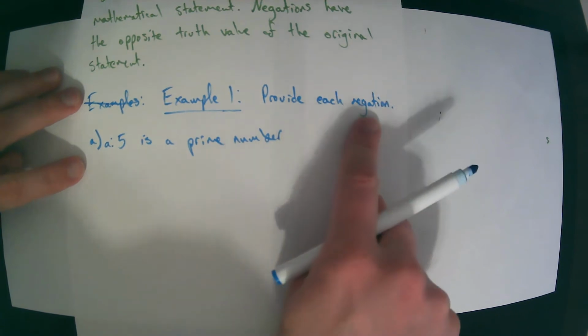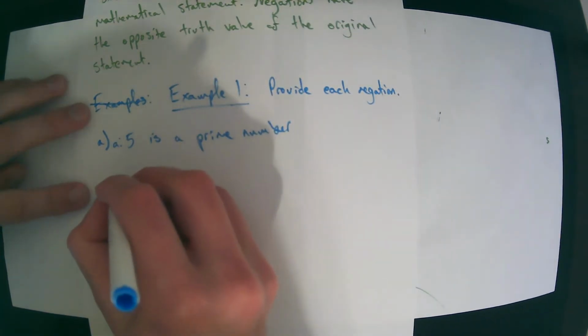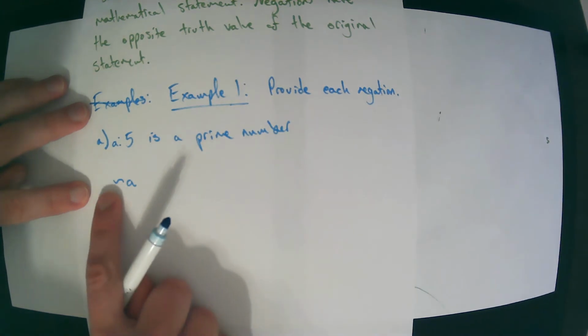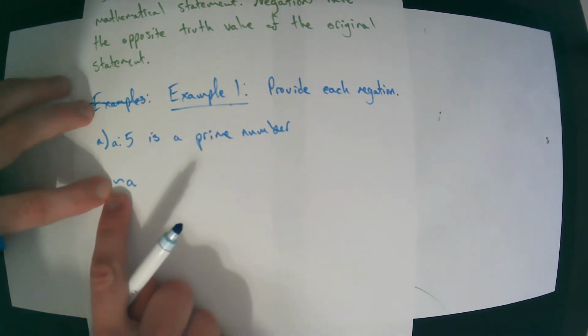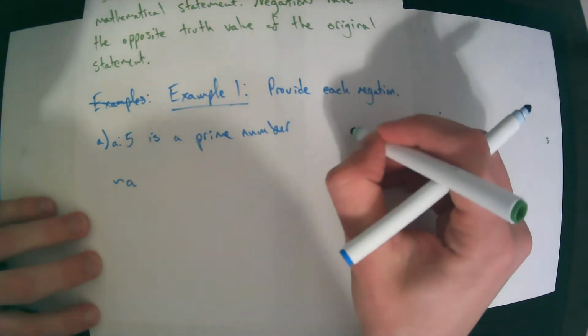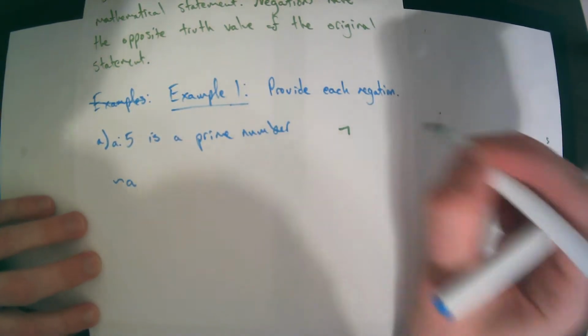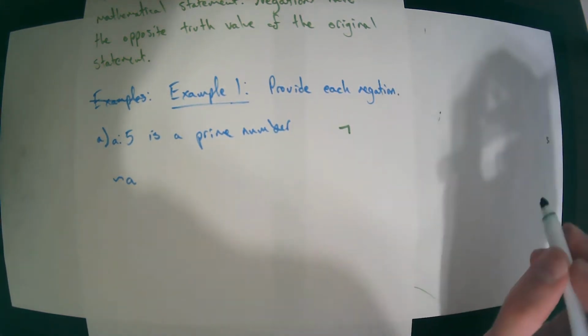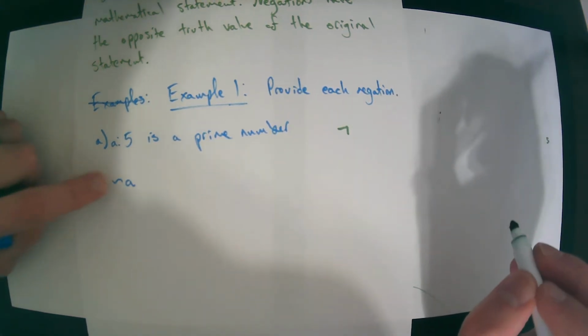And what I want for the negation is this, the negation of A. So this symbol means negation. And in the notes, I use this symbol because for whatever reason, the program that I use to code up the notes doesn't like the little tilde symbol.